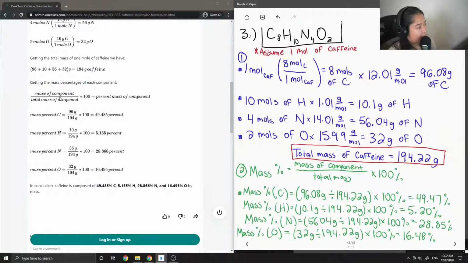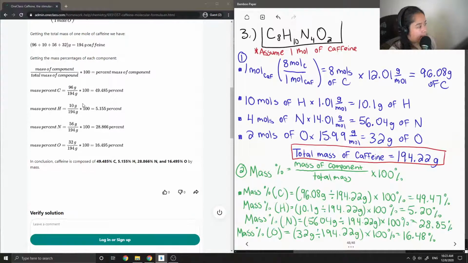And then getting the mass percentages of each component, the mass of the component divided by total mass of compound times 100 gives us the percent mass of the component. So for carbon, 96 divided by 194 times 100 gave 49.485%.